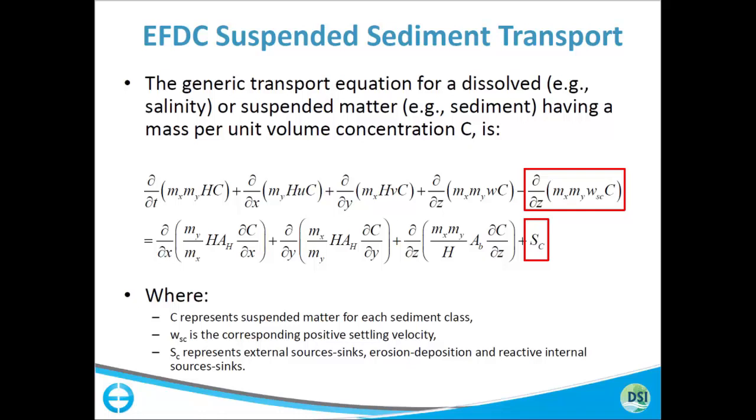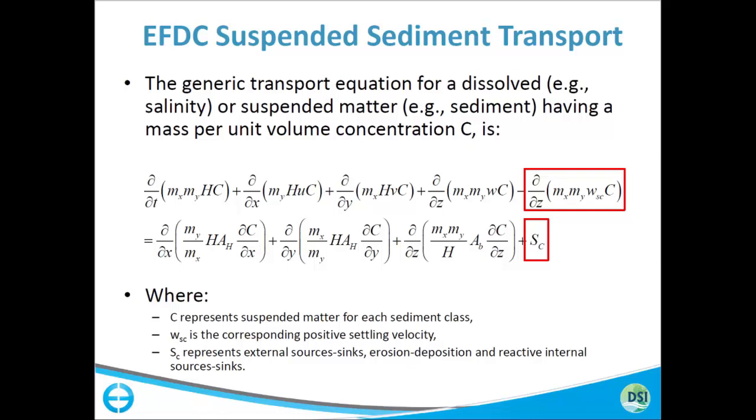Then we've got your advection in the X and the Y, and your vertical advection terms. Over here on the right-hand side, you've got your diffusion terms, and then you have a source-sink term. So essentially what we're focusing on, the difference in the SEDZLJ versus the original, and both the sediment transport models versus your dissolved constituent component, is you have a settling term here.